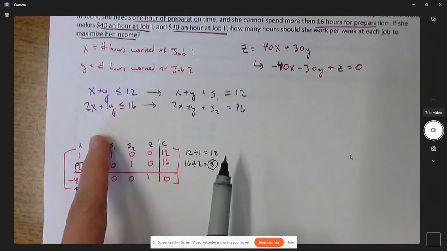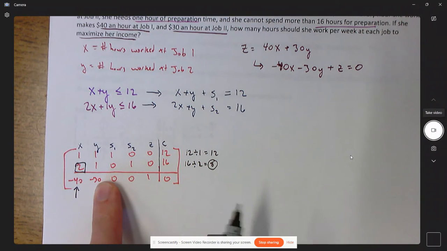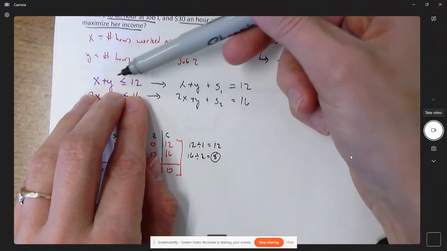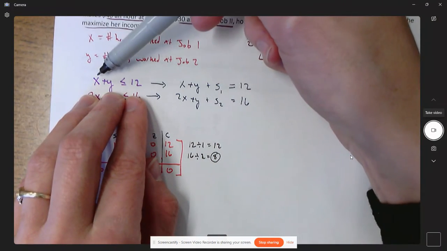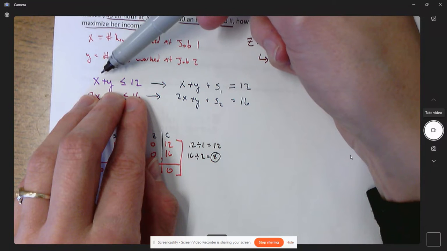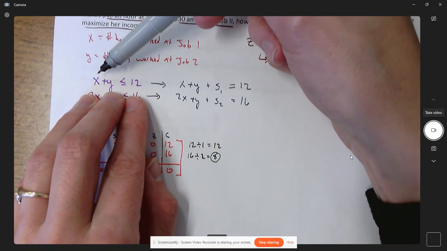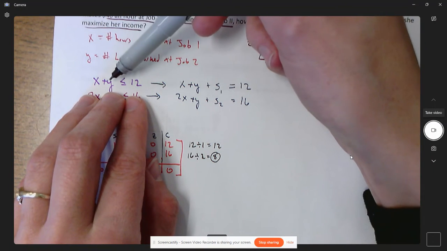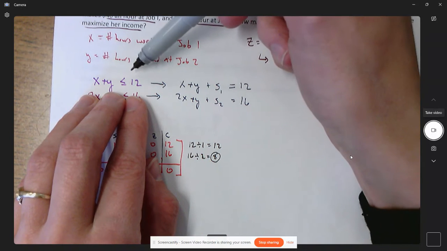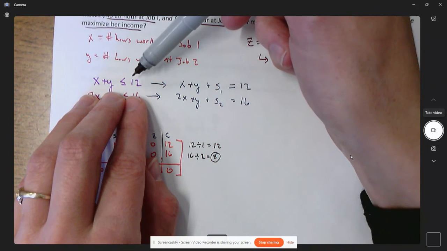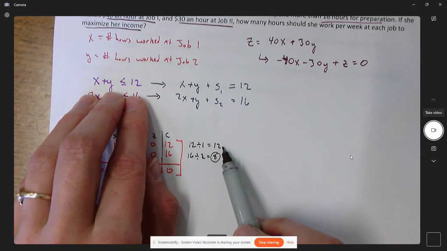We're saying, all right, in our x column, what's the biggest number that x could possibly be? When we look at this first equation, the biggest number that x could possibly be would be 12, because then y could be 0, and that would be the absolute max that you could get for x. That's what this number is right here.